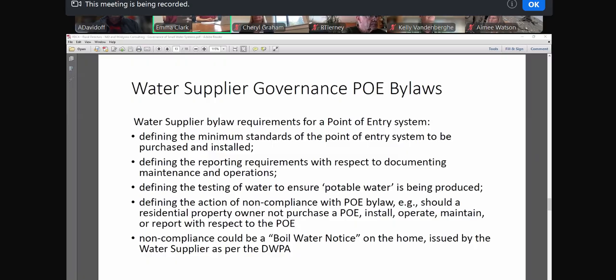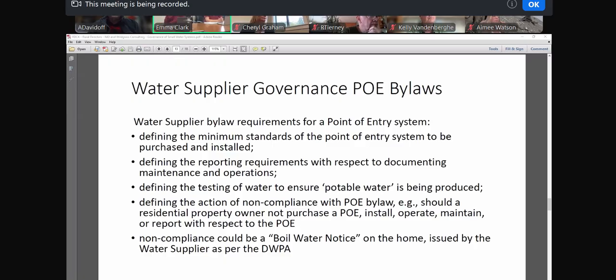Ideally you want everyone in the community to say, we're going to have a point of entry system, and that's the way we're going to deal with our water. The challenge around that is non-compliance. Somebody says, no way, I'm not going to do that, and what do you do? Can one person hold up a community of 25 or 100 people? The tyranny of the minority.